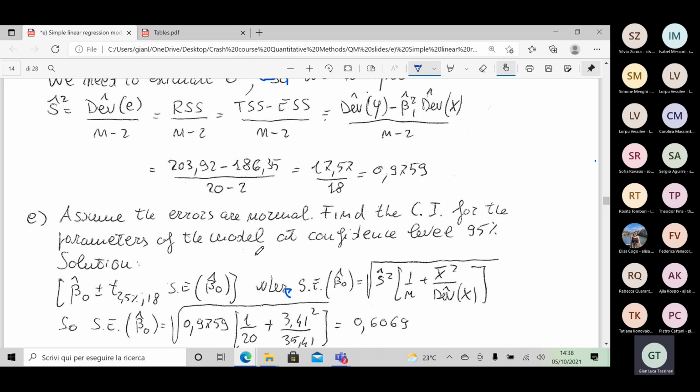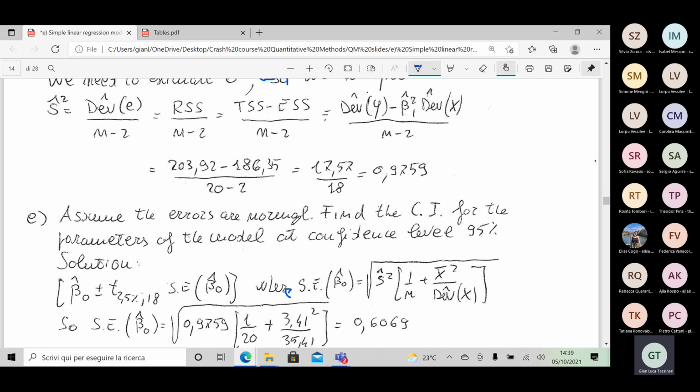We showed this morning how easy it is to build a confidence interval. In particular, we saw two cases: the case in which the errors are normal, and the case in which you can say nothing about the distribution of epsilon i, but the dimension of the sample is huge. Here we are in the case that the errors are normal.